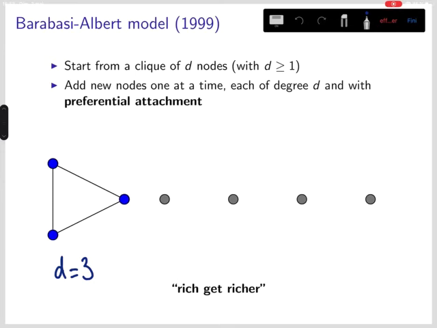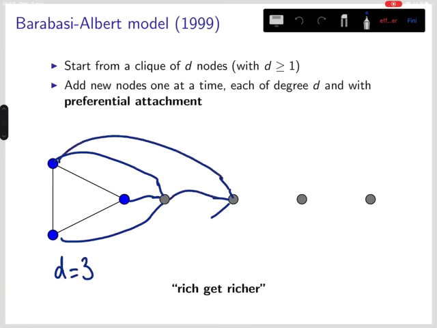For the very first node, degree 3, you don't have a choice, you will attach to the original 3 nodes. Now for the next one, all previous nodes have degree 3, and so you can choose one of these nodes at random.